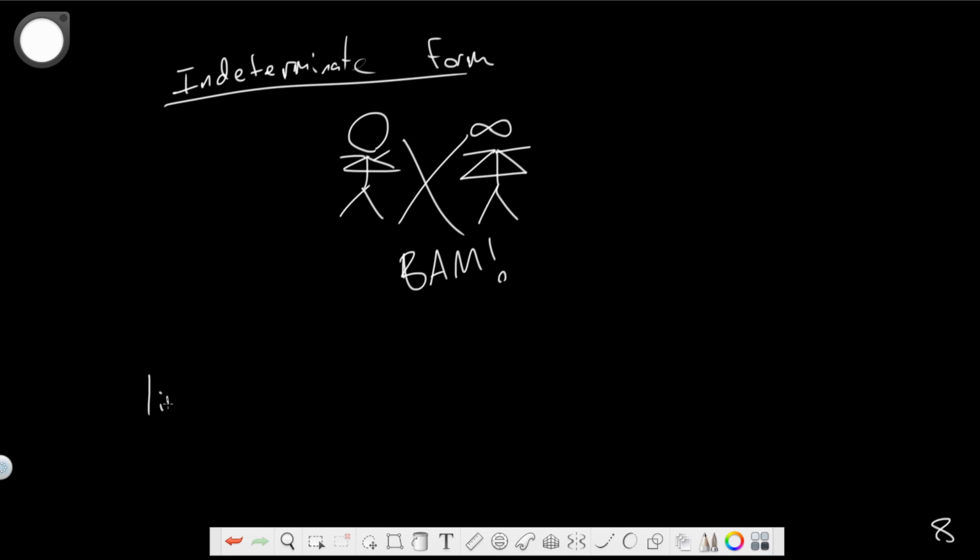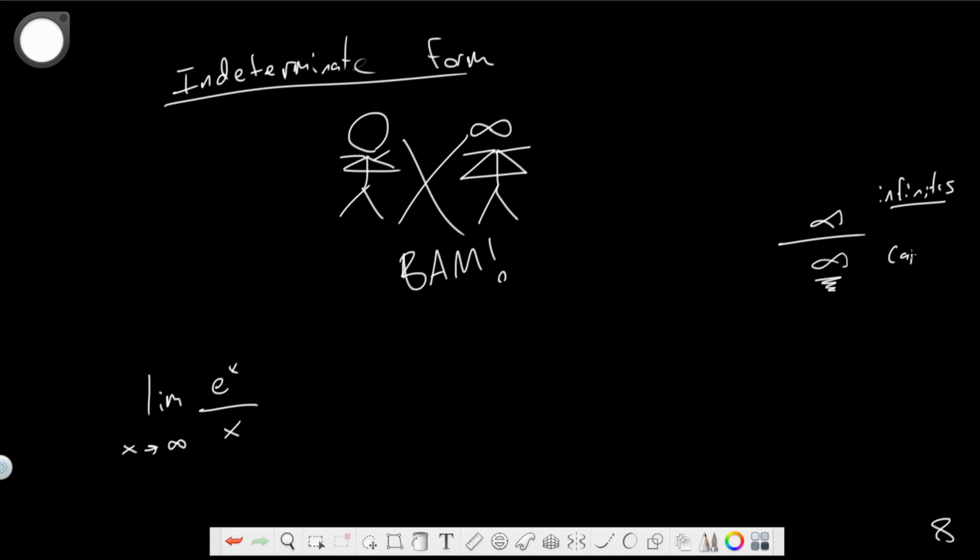Let's say I have the limit of e to the x over x as x approaches infinity. As x goes to infinity, e to the x goes to infinity and x goes to infinity, so we have infinity over infinity, right? We have infinitus on the top, and on the bottom, it looks like infinitus, no: 1 over infinity, that's 0.